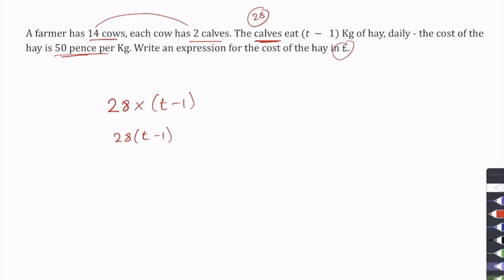So here we have 50 pence, which is 0.5 pounds. So we're going to multiply the entire thing by 0.5. Well, 28 times 0.5 or 28 times a half is 14. So the expression is 14(t - 1). And that is the cost in pounds of the hay that's eaten by the 28 calves.